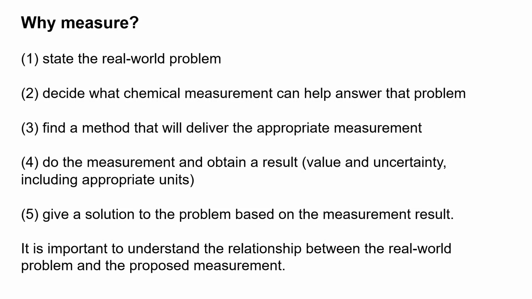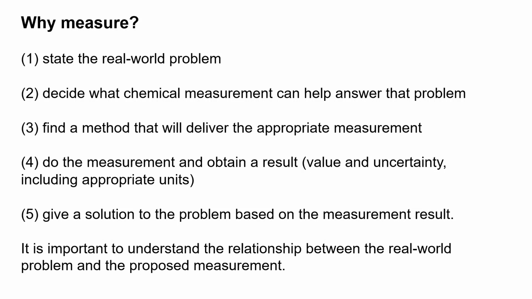So first of all, for the importance of measurement, we first have to identify what the real world problems are. There are different types of world problems, for example related to pollution, food scarcity, efficiencies of different types of industrial reactions, production of fuels, and energy related issues.